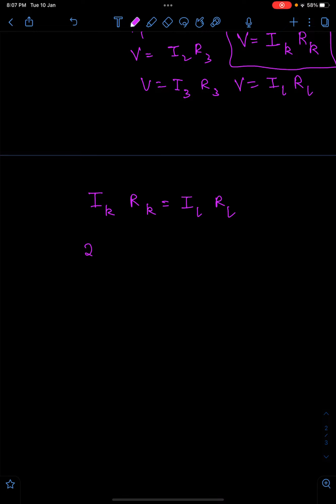So Ik into, now they are all in series, so they become 2 to the power k minus 1 R is equal to Il into 2 to the power l minus 1 R. R and R get cancelled. Ik is given to be I, right?